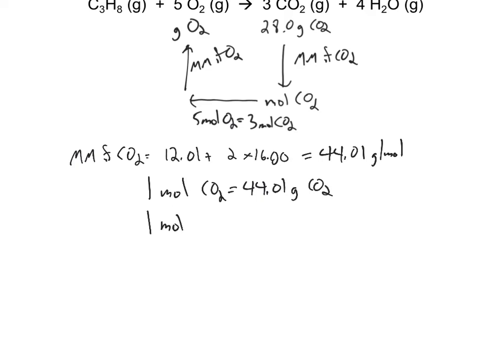For oxygen, the molar mass, 2 times 16, so that's going to be 32 grams. And then my stoichiometric coefficients from the balanced equation, 5 moles of O2 is 3 moles of CO2.